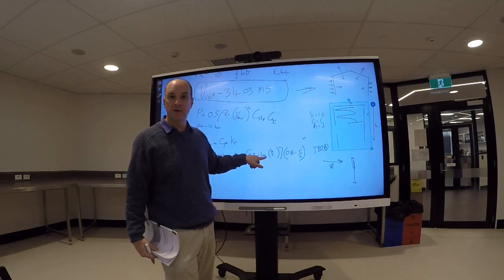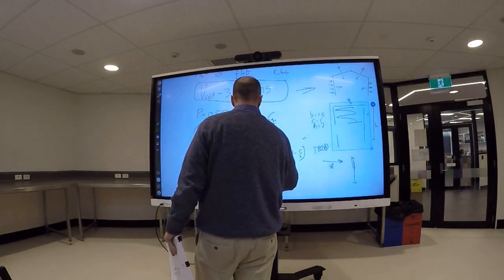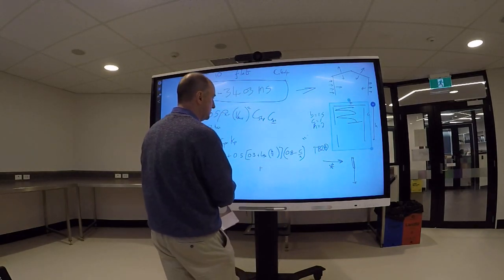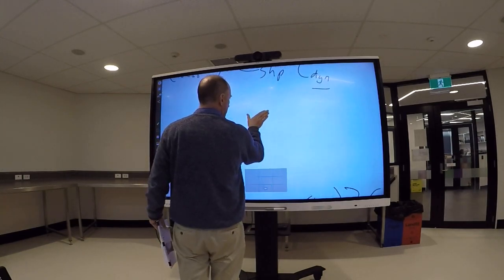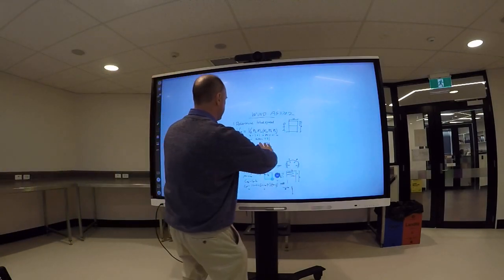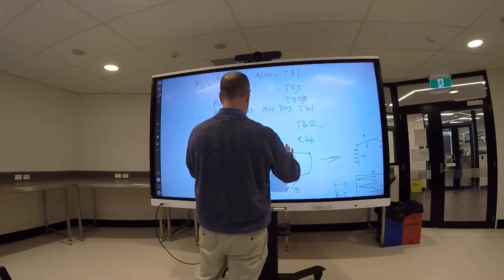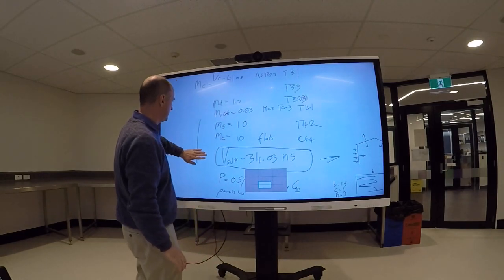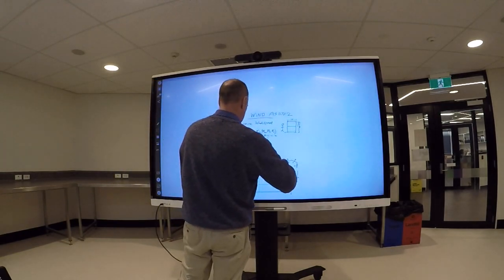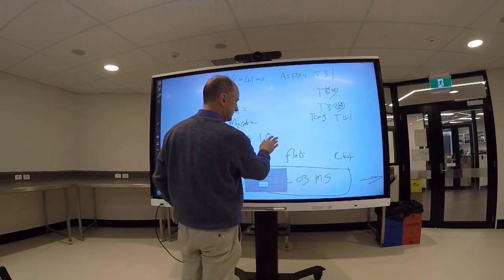What's log in base 10 of 1.5? That's wrong. Oh dear. 0.176.